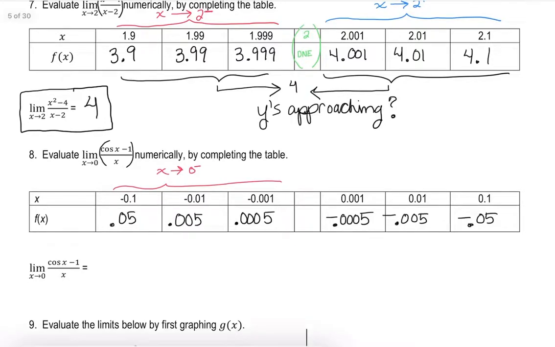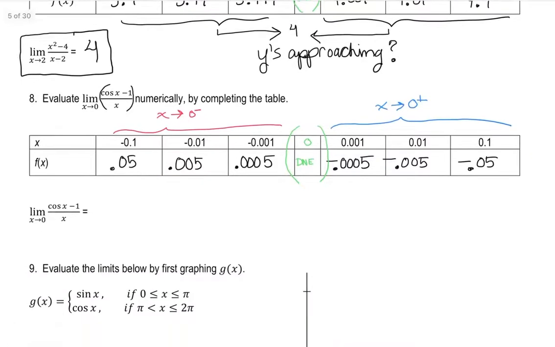And then these x's, 0.1, 1/10th, 100th, 1,000th, are also approaching 0, but from the greater than side, so coming from the right. Once again, if you were to sub in 0, this is not going to exist, but that doesn't matter for the limit question.